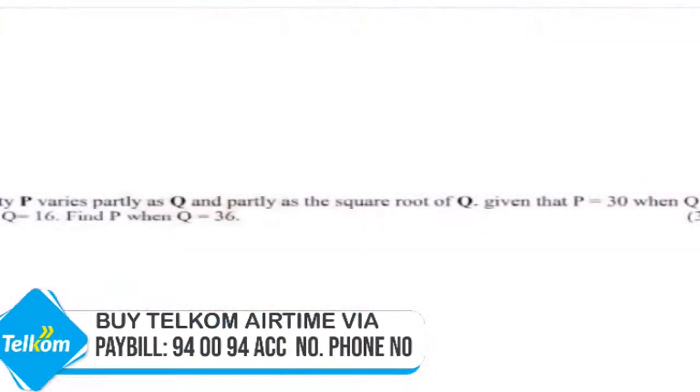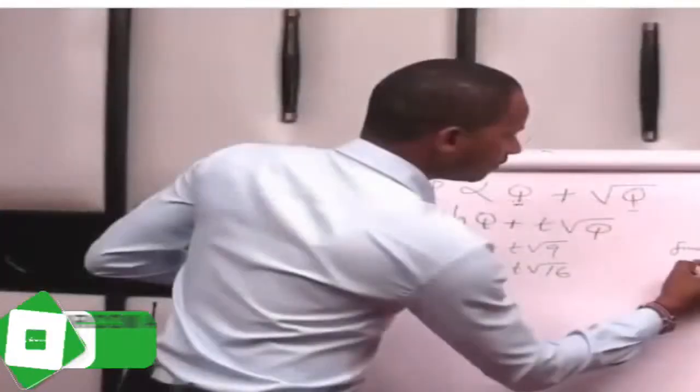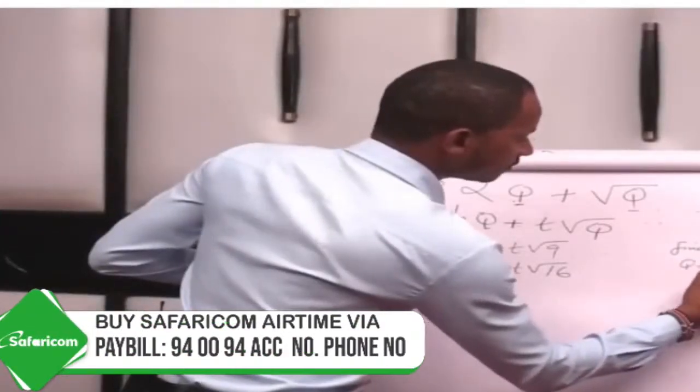And P is 14 when Q is 16, so 16H plus T times the square root of 16. Then you are told, find P when Q equals 36.